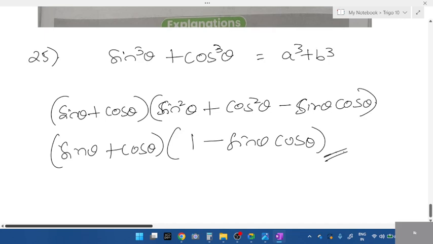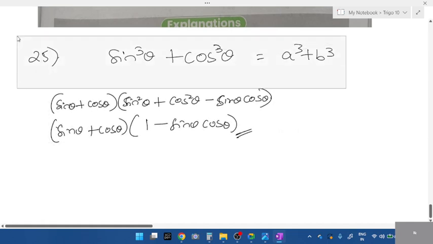Factorization meaning is write the formula. Just expand it. Completed?